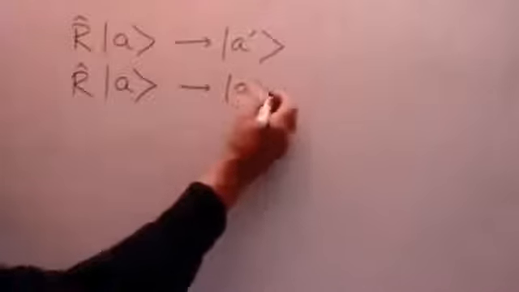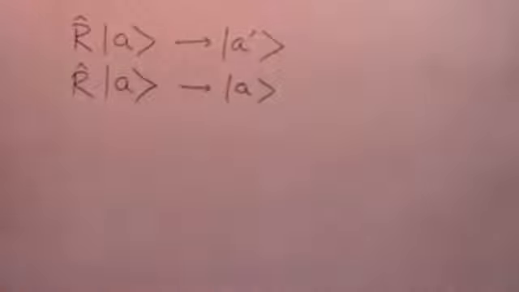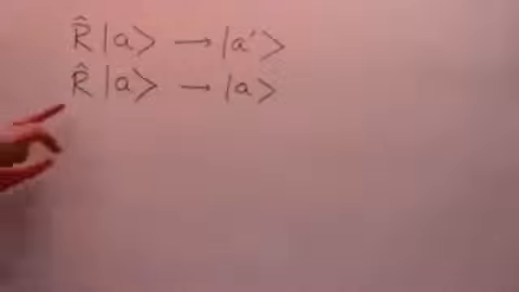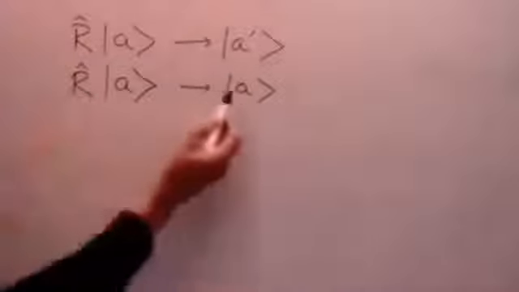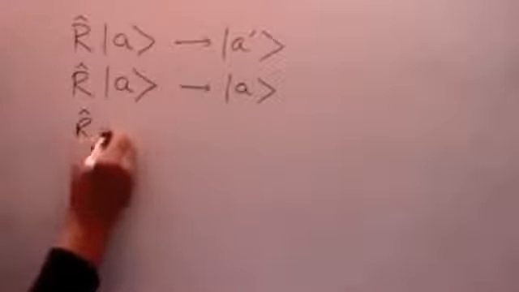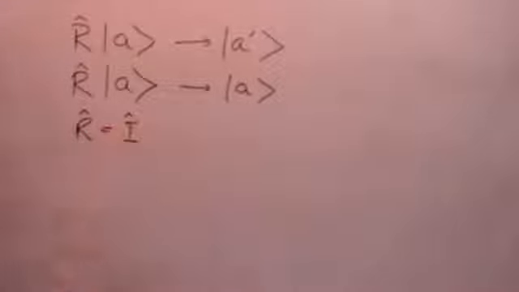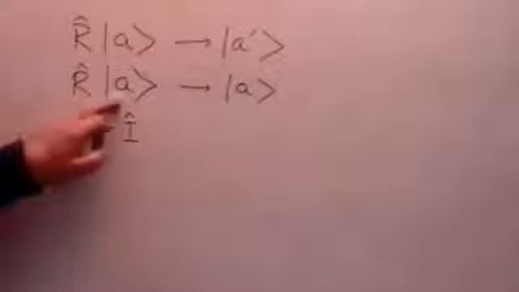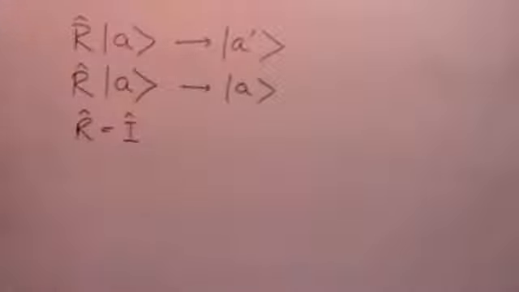If I don't rotate it through any angle, there is no change. And therefore, in those circumstances where the rotation angle is 0, R simply equals the identity operator, because the identity operator acting on A gives you A. So when you don't rotate it at all, the rotation operator becomes the identity operator.